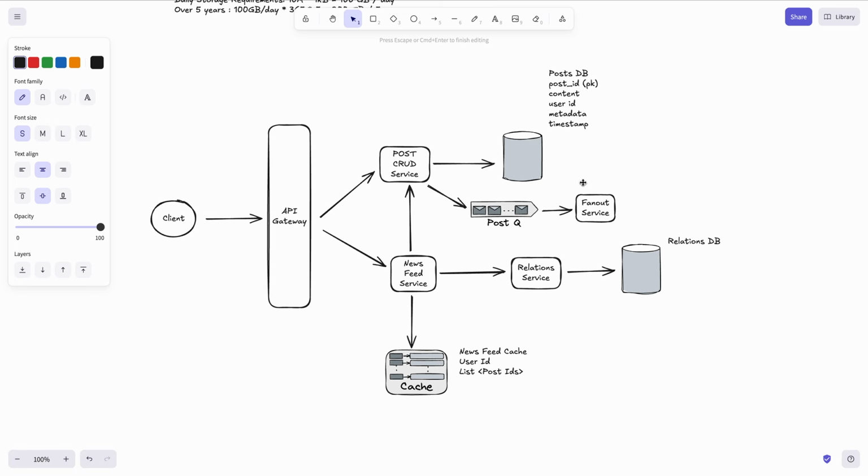So what it does is it would get the list of followers for the user who created the post from the relation service, and then for each of those followers it would write the new post ID into the list of their pre-computed newsfeeds.